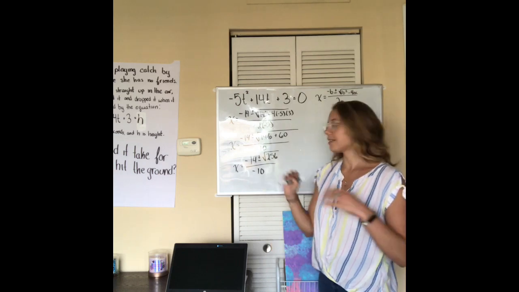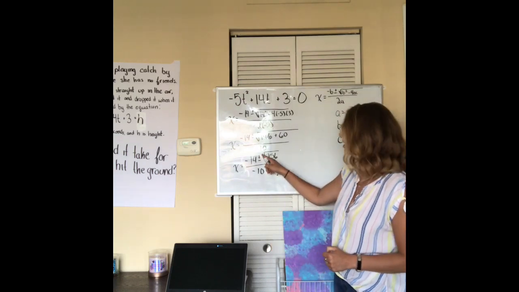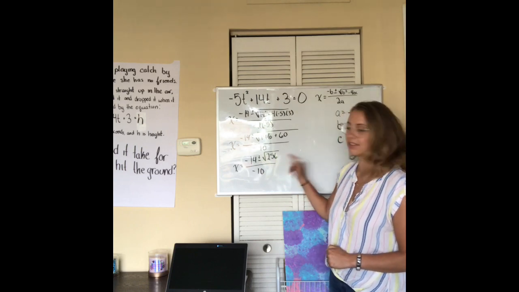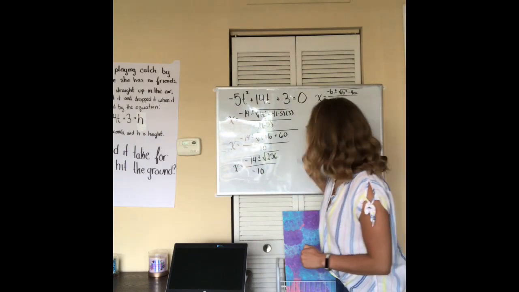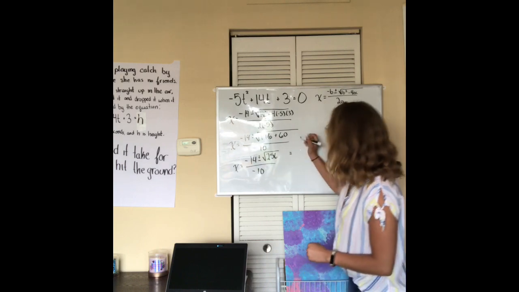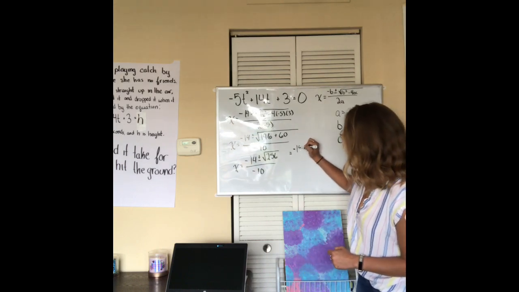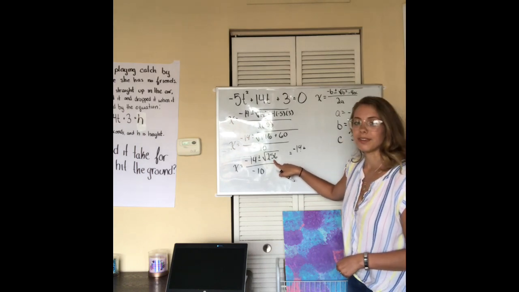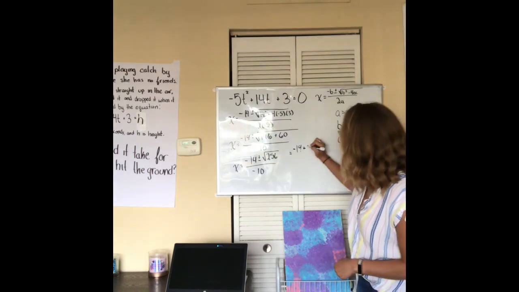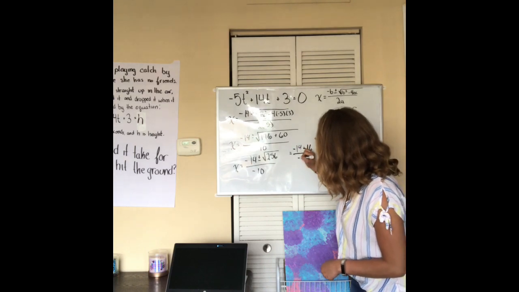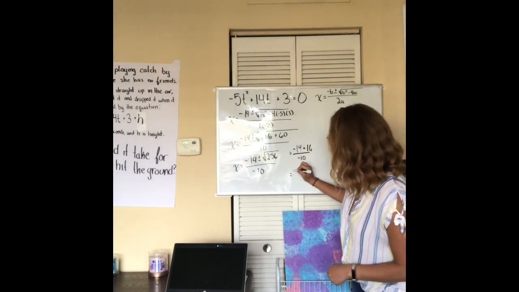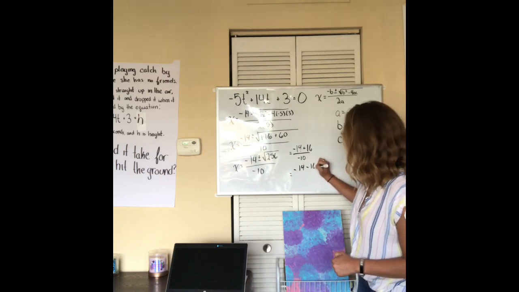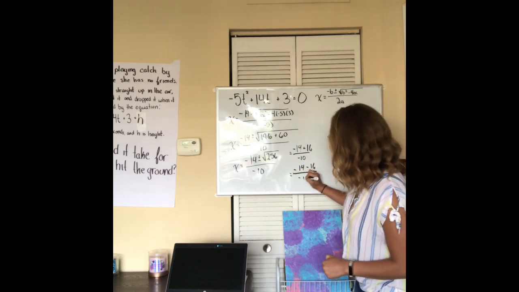And this is where I split this up into 2 equations because we could add the square root of 256 or subtract the square root of 256. So we end up with negative 14 plus the square root of 256, which is 16, over negative 10, and negative 14 minus 16 over negative 10.